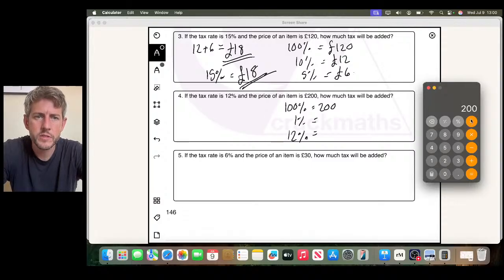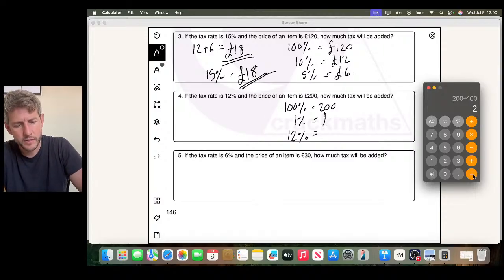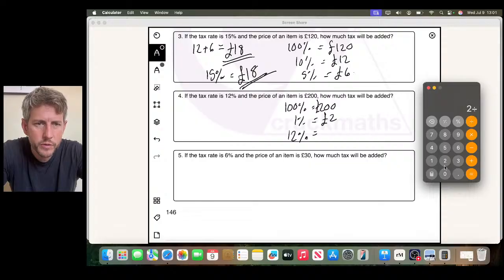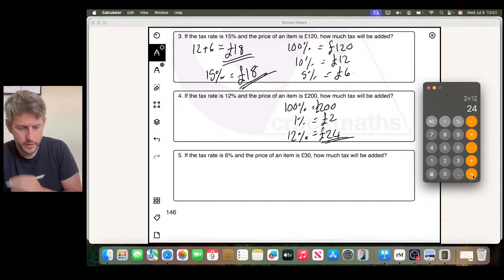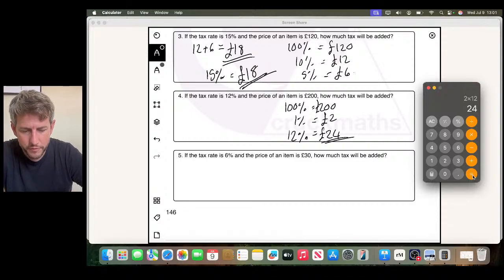So 200 divided by 100 gives us our 1%. So the 1% is £2. And then if we times that by 12, we'll get, oh no, that's a divide. Times by 12, we will get £24. Okay, there we go.